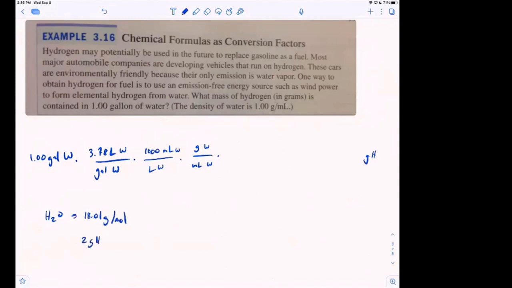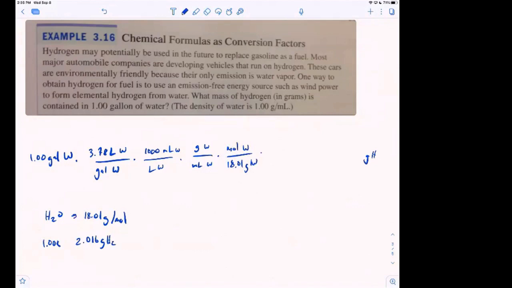Why is this going to be 2? Hydrogen is 1.008, so it's going to be 2.016 grams hydrogen per 18.01 grams. Okay. So anyways, we have water. We're going to have moles water to 18.01 grams water.